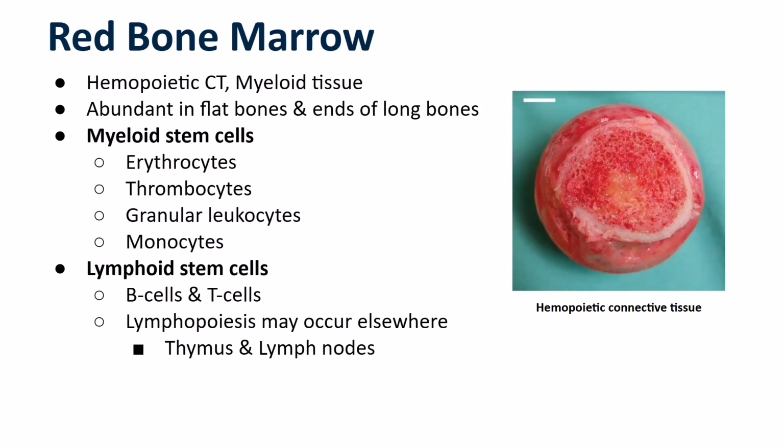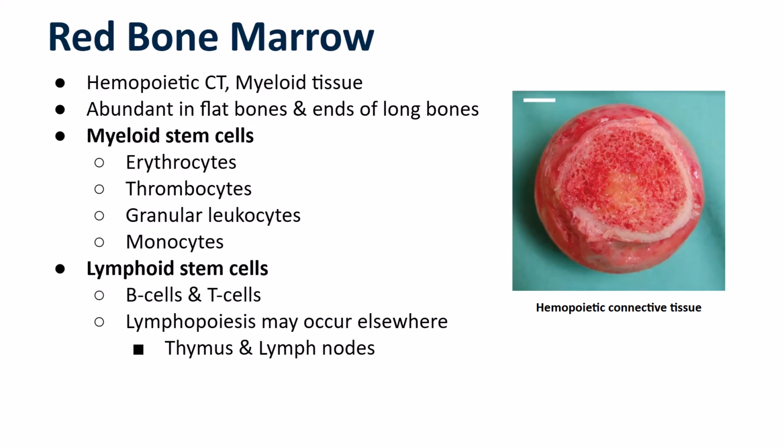Red bone marrow is also known as hemopoietic connective tissue. That's because that's where the process of hemo or hematopoiesis occurs. It's also known as myeloid tissue. It's very abundant at the ends of long bones as well as within the spongy portions of flat bones.